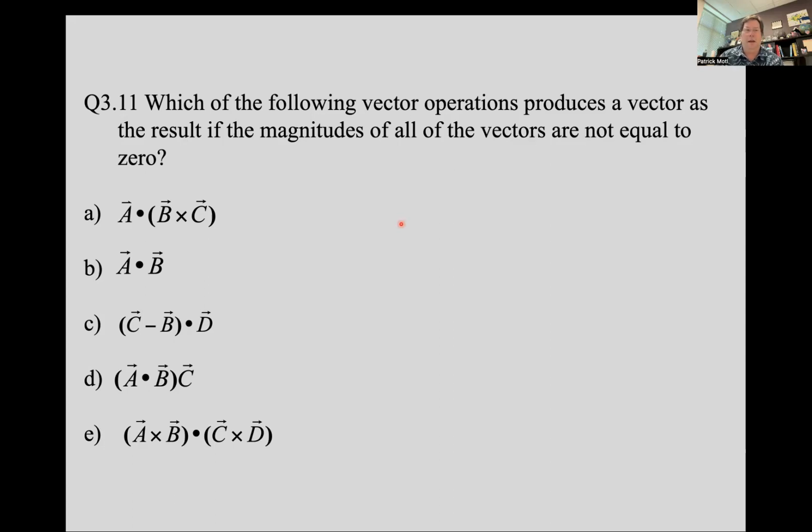So you're not trivially saying, well, if the magnitude of B happens to be 0, then it's 0. No, this is which out of these 5 potentially valid expressions multiplying vectors together is going to give you an answer that is itself a vector. So think through the 3 ways that we learned how to multiply vectors together, talk about it with your neighbors, and then let's see if we come to the right conclusion.